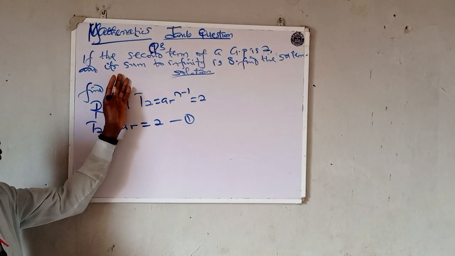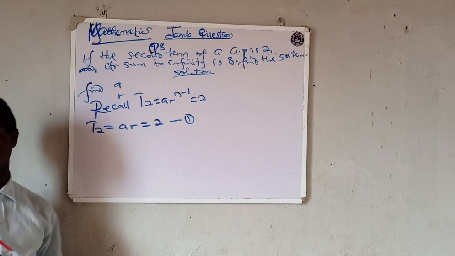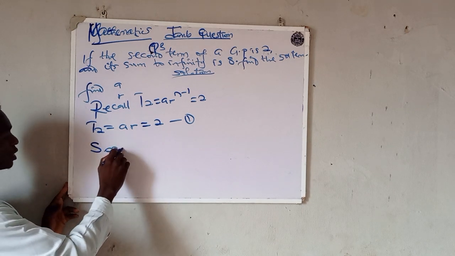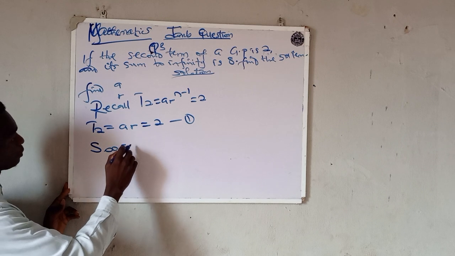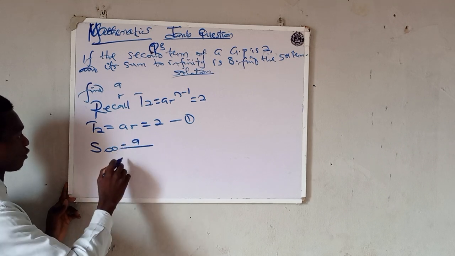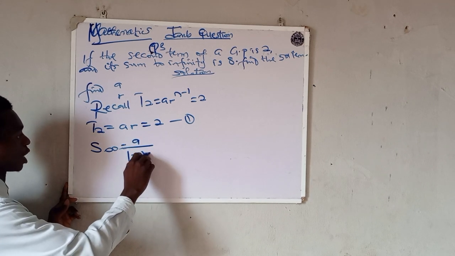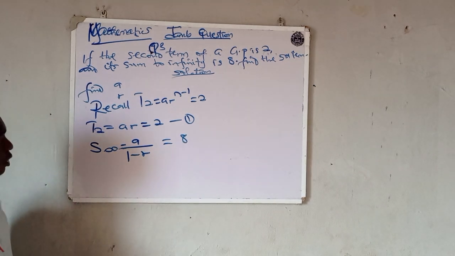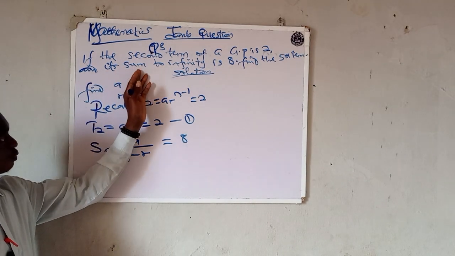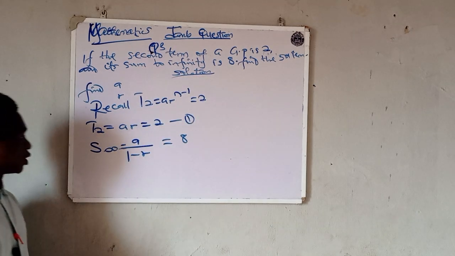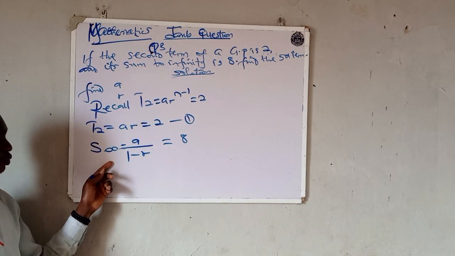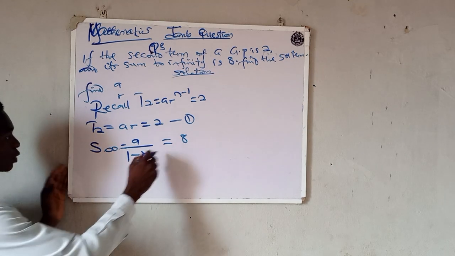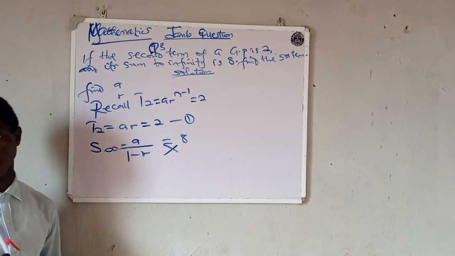Next up, the sum to infinity is given as 8. The sum to infinity, A over 1 minus R, is equal to 8, because the question says the sum to infinity is 8. So if the sum to infinity is A over 1 minus R and is equal to 8, cross multiply.